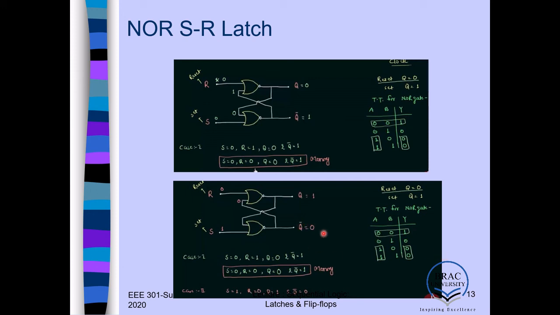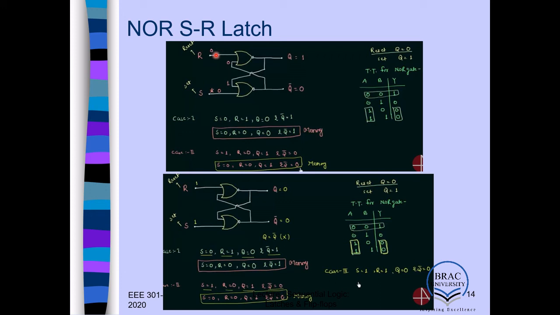So this Q prime will be 0. If this Q prime is 0, it goes here. So for 0 0, the output becomes 1. So then Q becomes 1. Now your Q becomes 1 and Q prime 0. Previously your Q was 0, Q prime 1. So it changes, it does not remain the same.